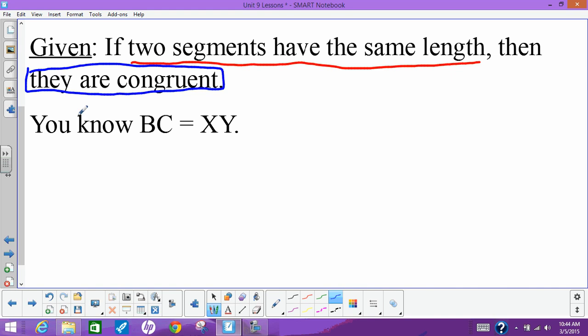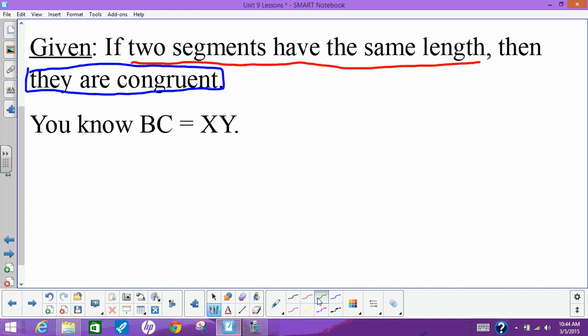So here we're also given this statement: the length of segment BC is equal to the length of segment XY. So we have two segments that have the same length. Now, based on this conditional statement and this one example, we can draw a conclusion.